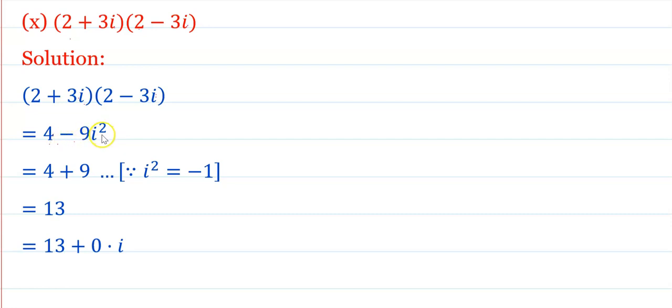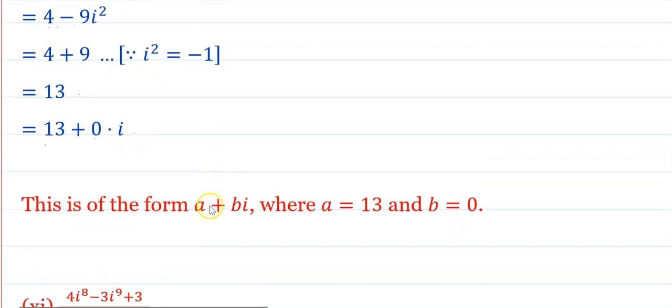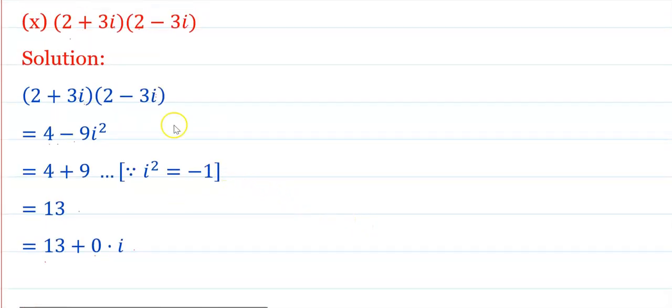Again minus 9 into minus 1, plus 9. Overall you are getting 13, and hence 13 plus 0 into i. Okay. And hence again in the form a plus ib, a is 13, b is 0. Okay. पुन्हा बघू शकता तुम्ही ते normal multiplication आहे.